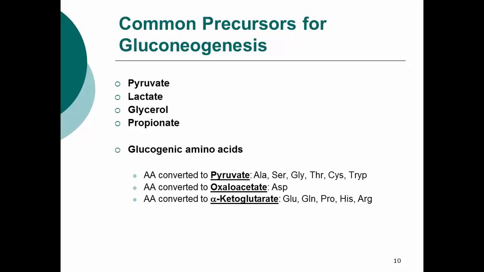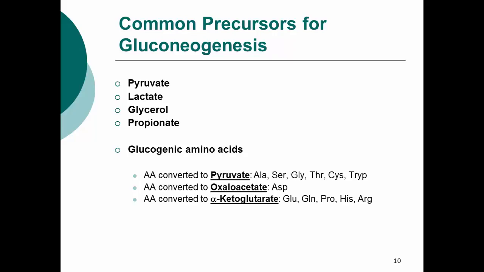And the common precursors of gluconeogenesis that you probably try to remember: pyruvate, lactate, glycerol, and propionate. Some amino acids can also serve as precursors for gluconeogenesis. This type of amino acids we call the gluconeogenic amino acids, meaning that they are able to be used for glucose synthesis or production, right?